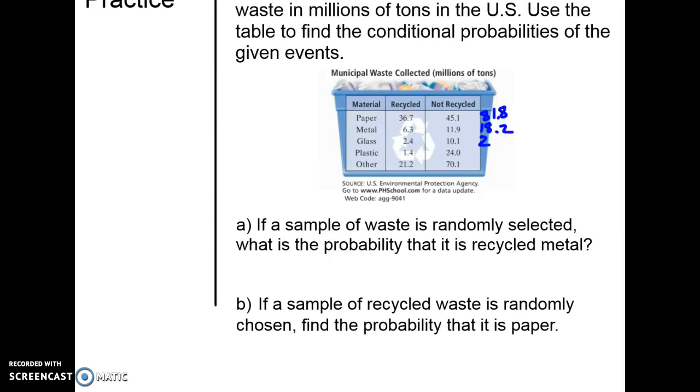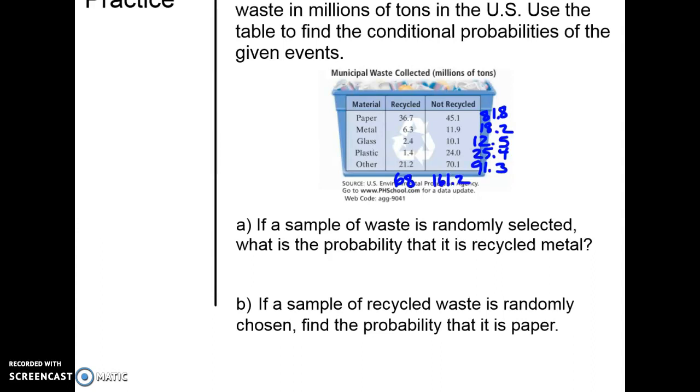We have 12.5 for glass, 25.4 for plastic, and 91.3 for other. And then if we were to add up the recycled, that would get to a total of 68. And then for not recycled, we would have 161.2.